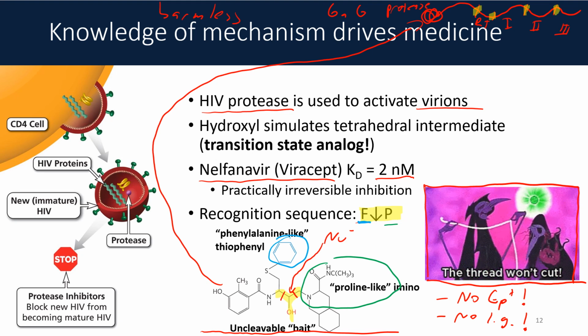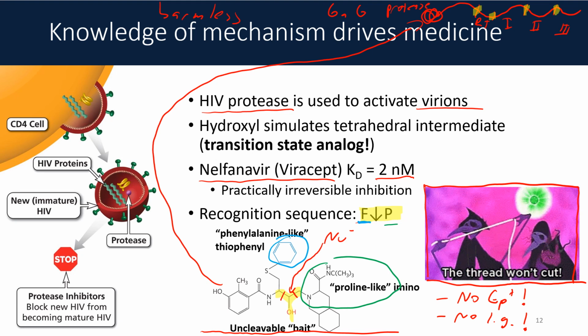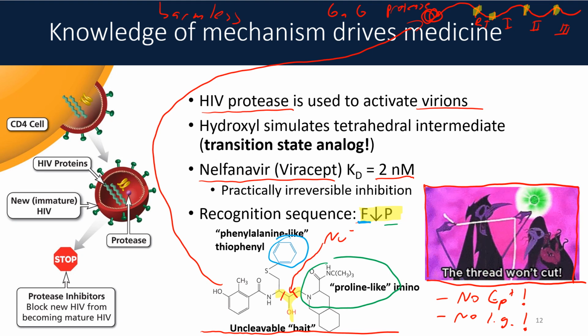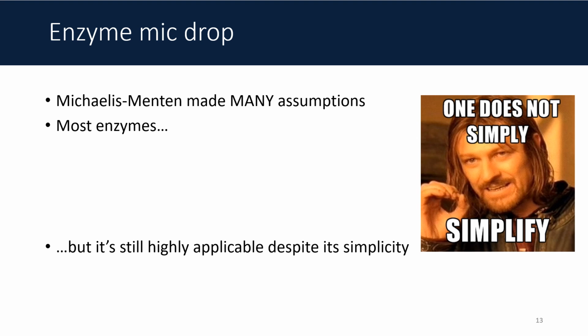None of that would have been possible without thoroughly understanding the mechanism of HIV protease. To wrap up, we've learned today that enzymes are complicated beasts. For example, they can utilize many substrates or sometimes generate multiple products instead of just one. A great example of that being the serine protease that we covered today.